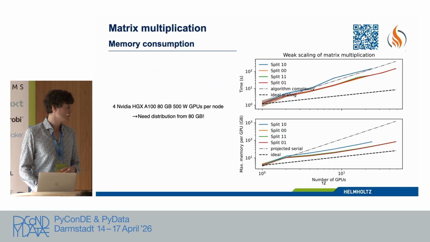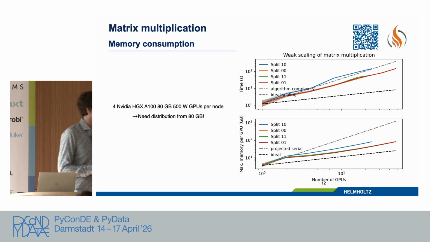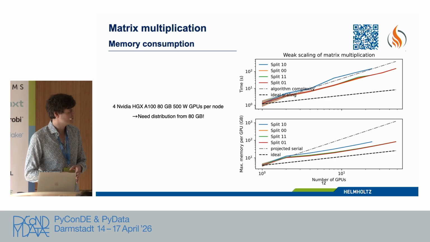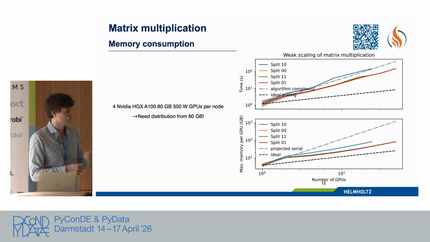Okay, but a very important metric is also the memory consumption, right? Because you need to fit the data set into memory. So here I have a different weak scaling test that I didn't record myself. So let's look at the top plot first, which is again time. And we see if we increase the number of GPUs, we have increased the data size even more, so that we expect it to be slower if we increase the number of GPUs, which is maybe not ideal for a weak scaling test.